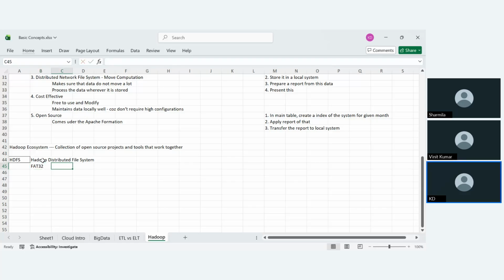So there are two file systems, FAT32 and NTFS, that are usually used when you install Windows.